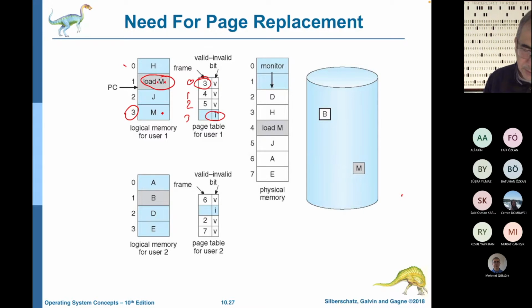So it is in 3, which is H. So M is not in memory. M is here. So it is invalid. Then you need to find one victim: D, H, J, A, E.